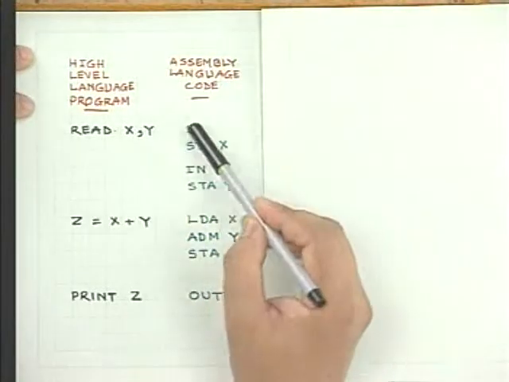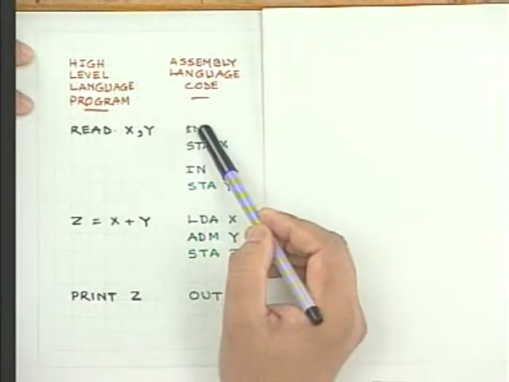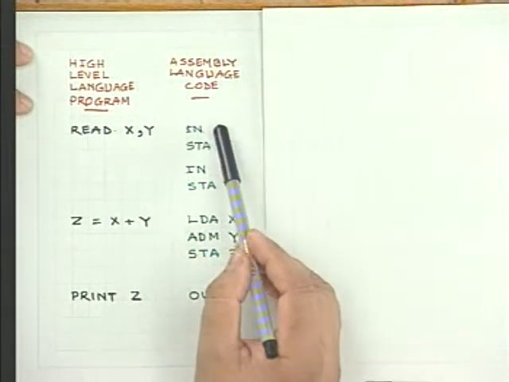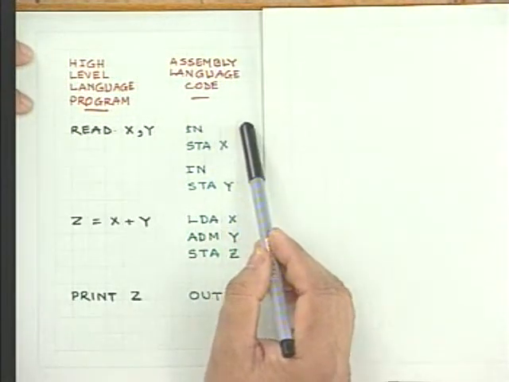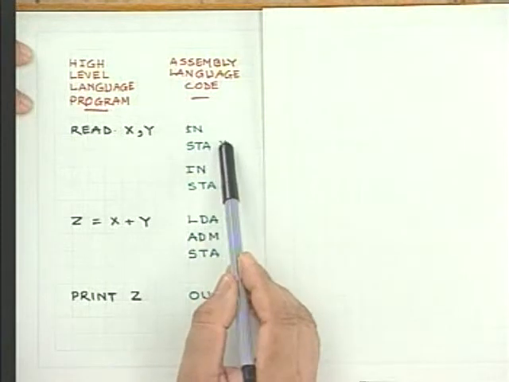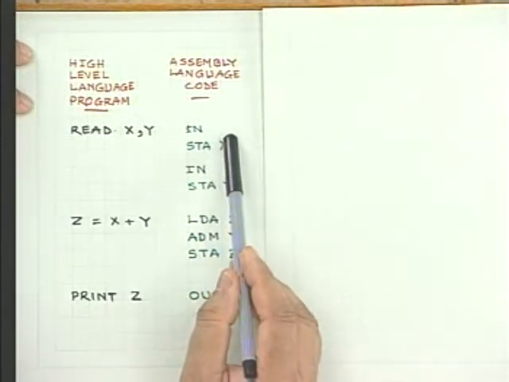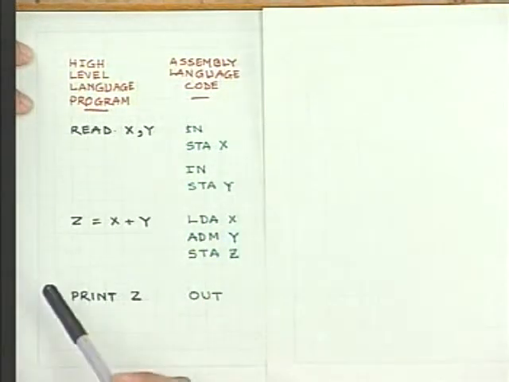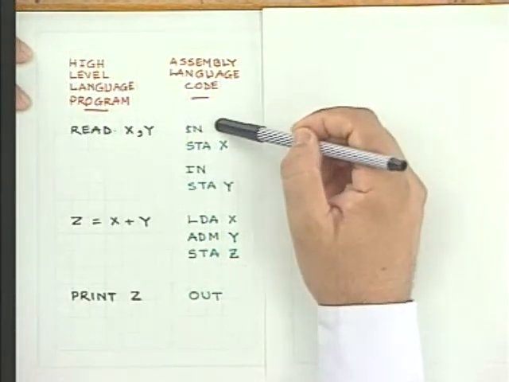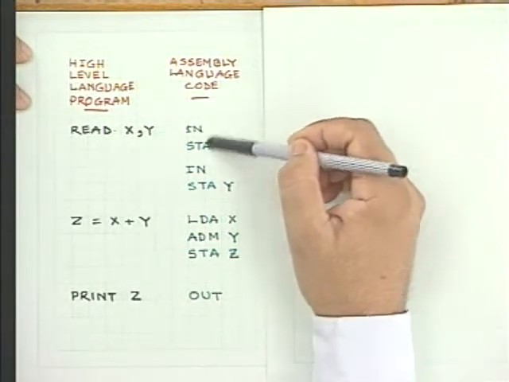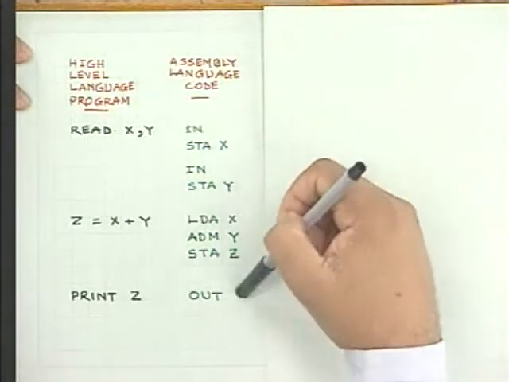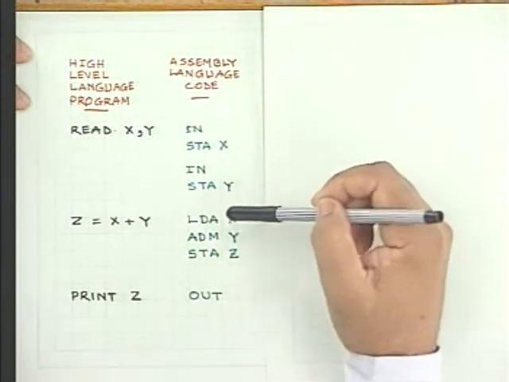I have also assumed that whenever I'm inputting, a word consisting of 2 bytes is inputted. That means the variable x consists of 2 bytes. But that's not always the picture; I have made some simplifying assumptions so far as this assembly language program is concerned.